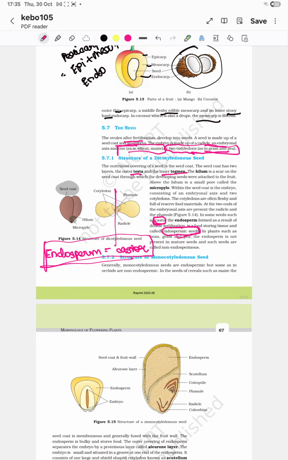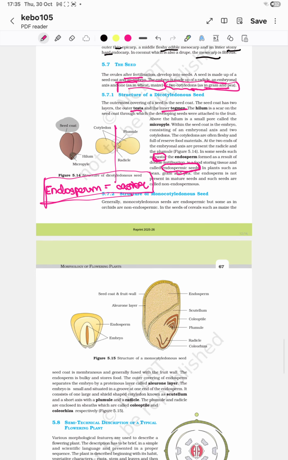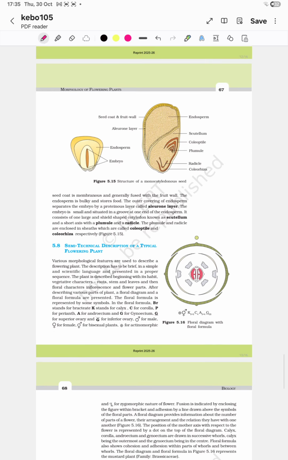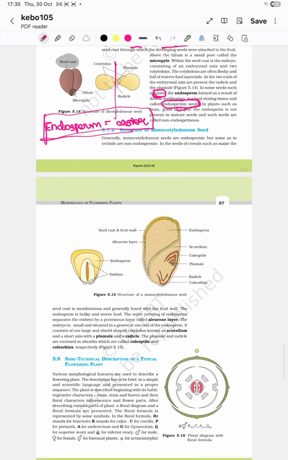Next, let's go to the monocotyledonous seed. Monocotyledonous seed is asked a lot. Monocotyledonous seeds are mostly endospermic. Some are non-endospermic. So, in maize, you have the seed coat, which is fused with the wall of the fruit.